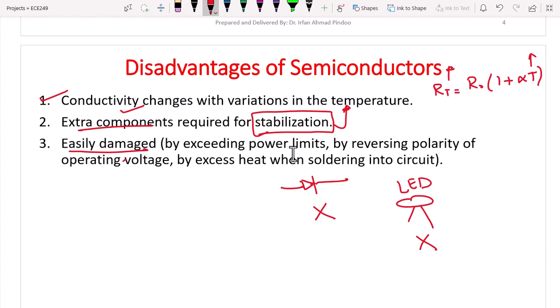So we had to simply throw them and replace them with a new device. That is what they are saying, it gets easily damaged because of the high voltage. Or sometimes, when we are soldering the devices onto the board, the excessive heat produced due to the soldering can also damage the device.